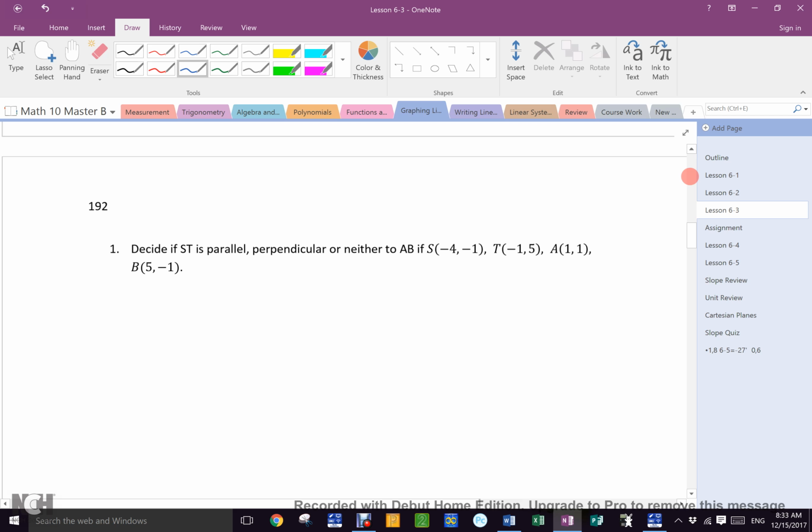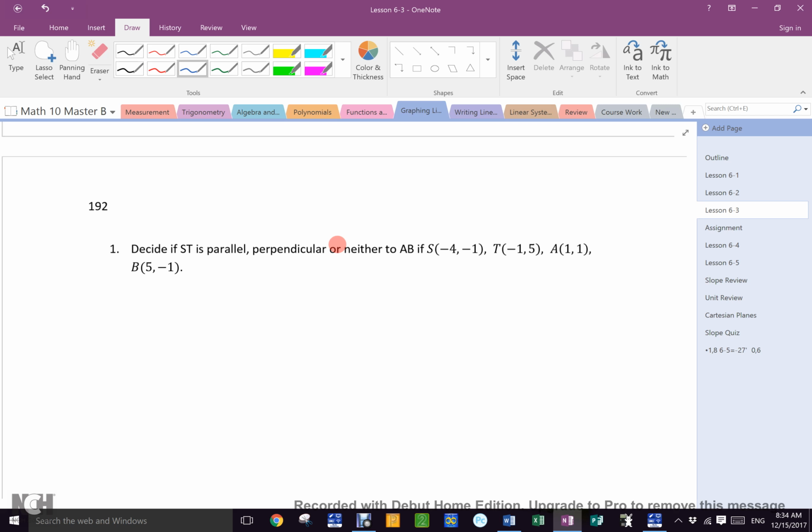Page 192. Decide if ST is parallel, perpendicular, or neither. What determines if it's parallel, perpendicular, or neither? What is the one factor that will decide that? Slope. Excellent.